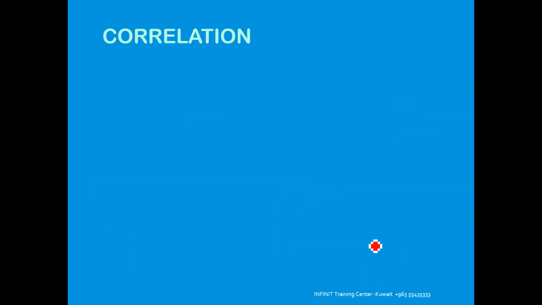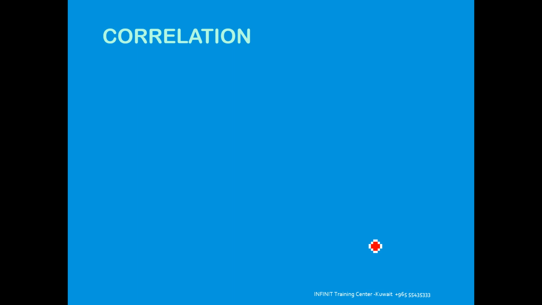But how will you determine this relationship between two variables? For that we will use a statistical technique called correlation, and you have studied this already in early education, maybe in 12th or in your bachelor's first or second year. Using correlation, we will try to understand the relationship between two variables.